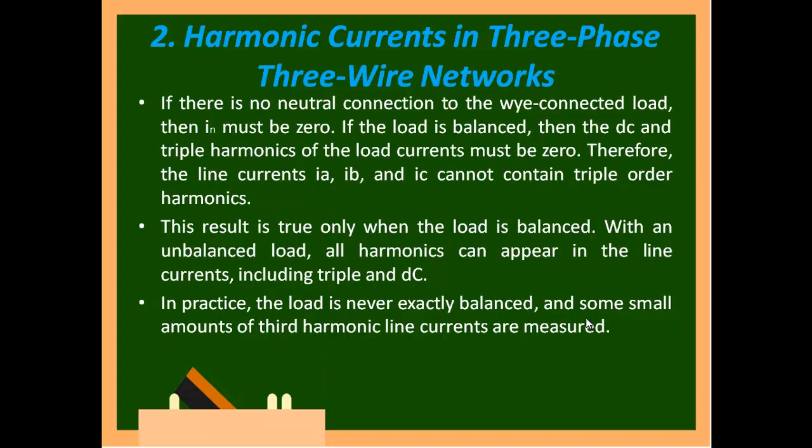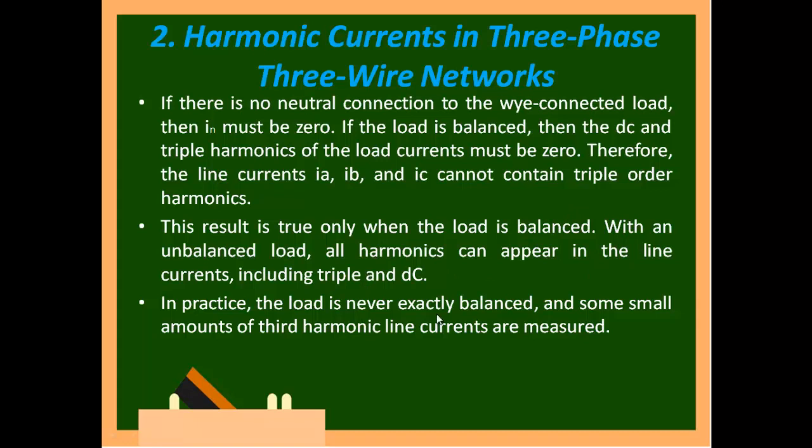There is no neutral connection to the Y connected load, then IN must be 0 if the load is balanced, and then DC and the triple harmonics of load current must be 0. Therefore the line currents IA, IB, IC cannot contain triple order harmonics. This result is true only when the load is balanced. With an unbalanced load, all harmonics can appear in line current including triple and DC.